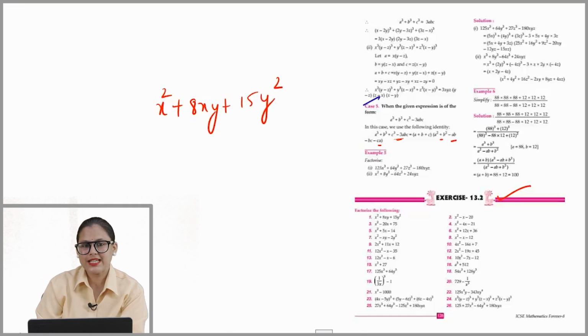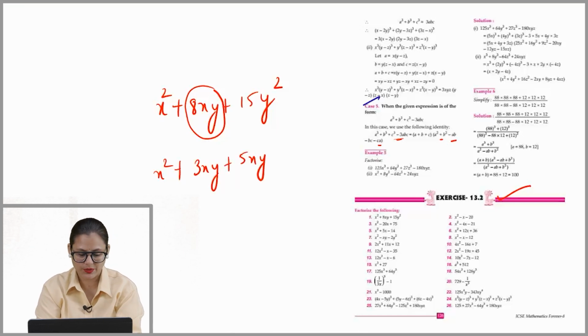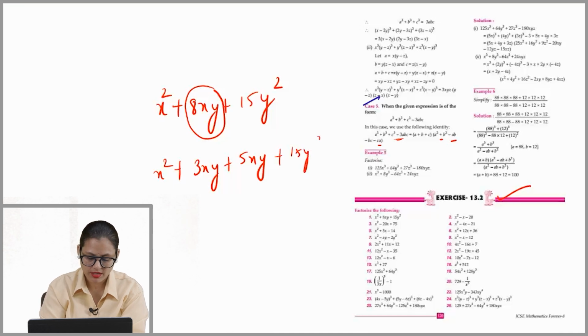Okay, in this case, what will we do? If you remember the identity, we will split middle term. Okay, so we will write it as 3xy plus 5xy, because 3 plus 5 is 8, okay. 15y square. Now, common x.